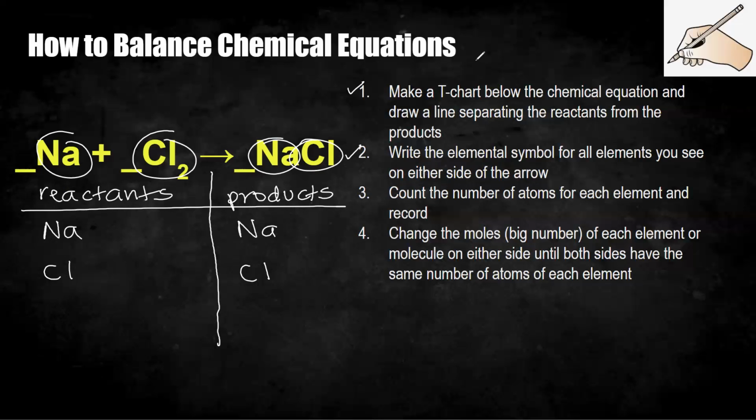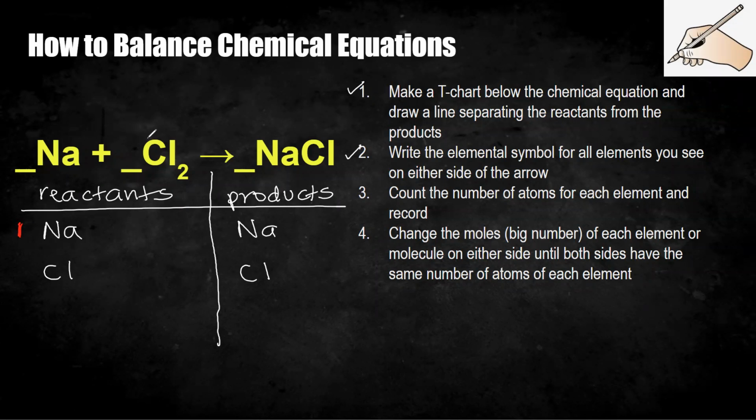Okay, step number 3. And I'm going to quickly erase these circles over here so this doesn't get in the way of seeing that chemical equation. Step number 3 is to count the number of atoms for each element and record. Right now I don't see a coefficient in front of Na, or sodium, so I'm going to write a 1 for sodium, because no coefficient means we just have one of that thing.